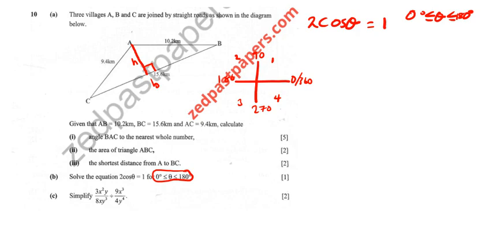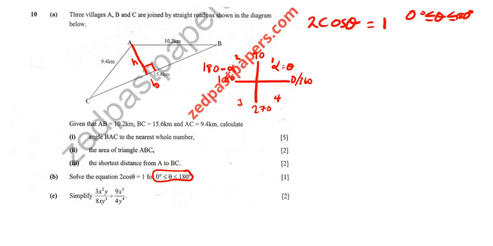But remember, our alpha, which is the first angle that we have found in the first quadrant, is equal to theta. So in this case, our answer is just the same, we don't have to do anything. But in the second quadrant, we say 180 minus our alpha, which is the first angle that we are going to find.